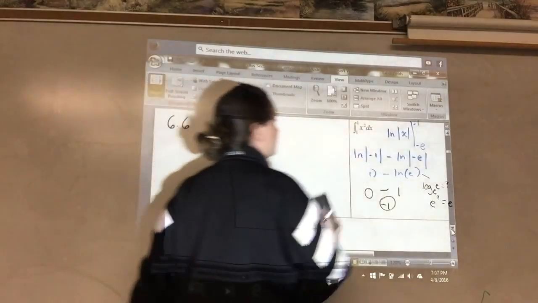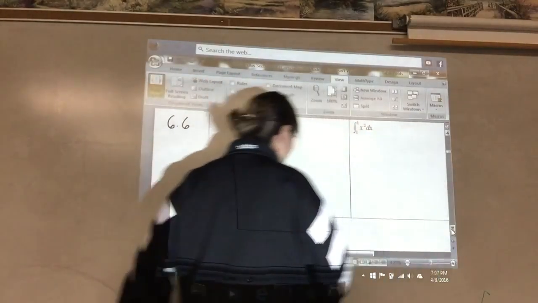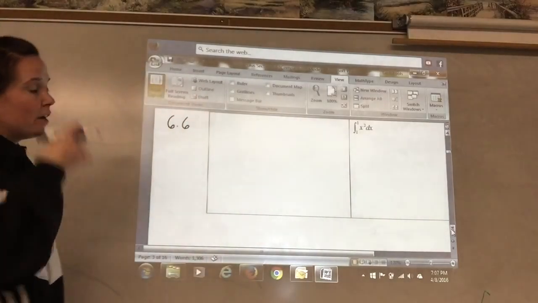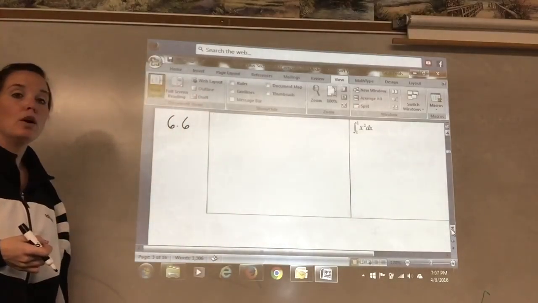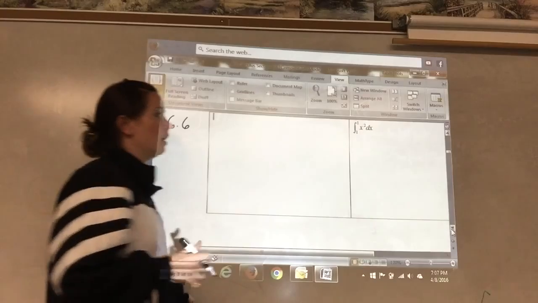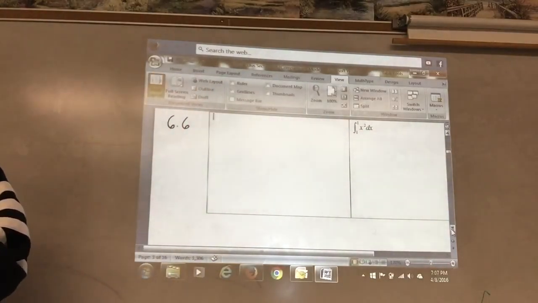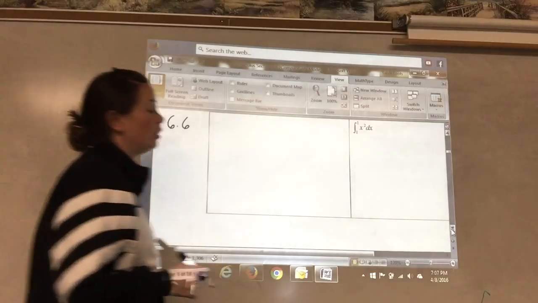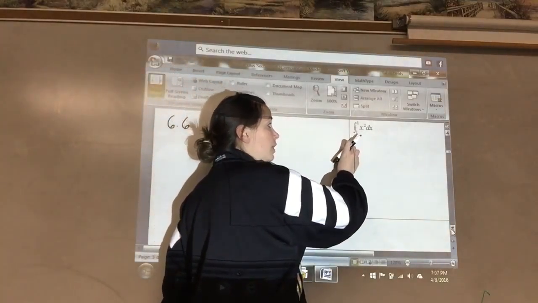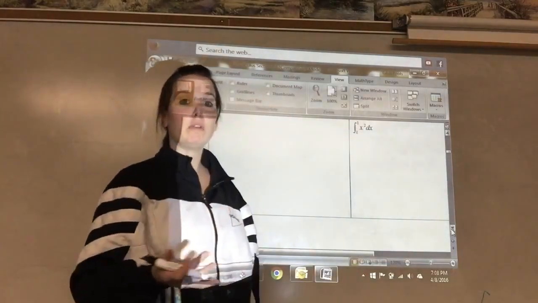Okay. All right, last one on this page. So before we start it, take a look at it. What's weird about this? Hopefully you see that the bounds are the same. And we actually had this defined previously in our notes, so you may just immediately know the answer, but let's say you don't remember.